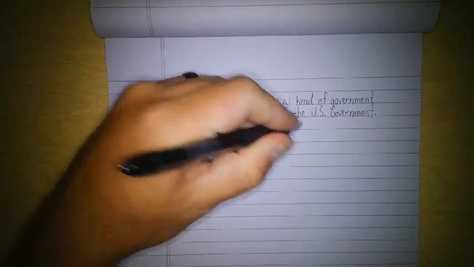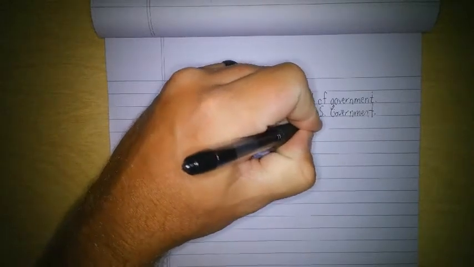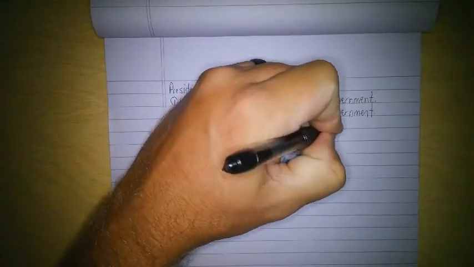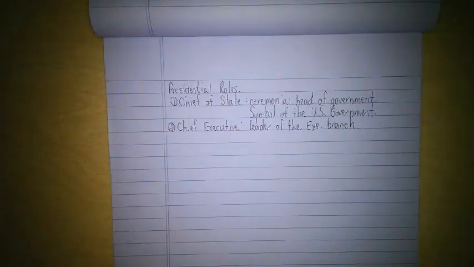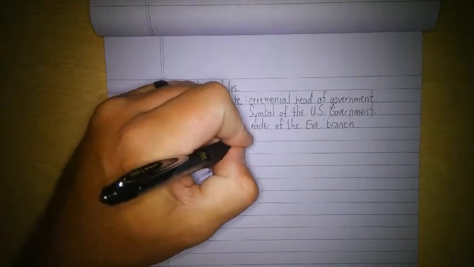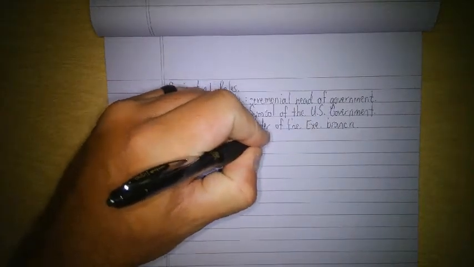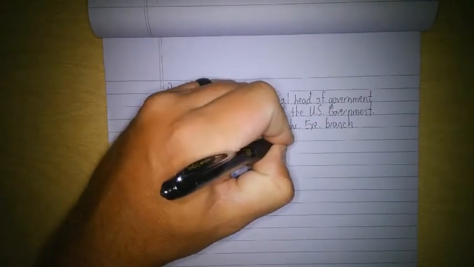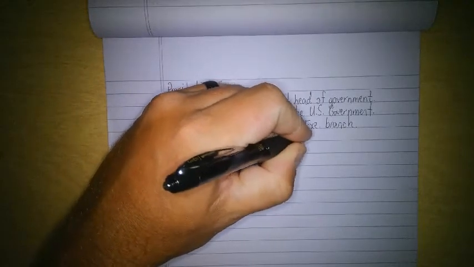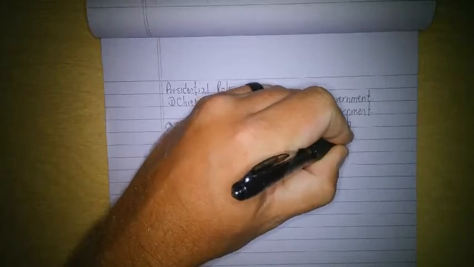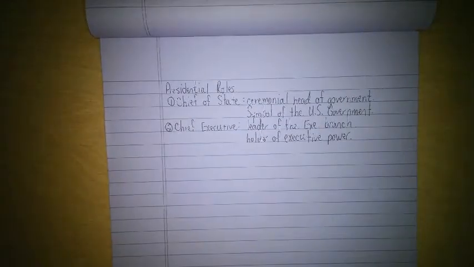It says that he is the holder of executive power under the Constitution. Now, what do you think executive power is? There's a couple things the president can do simply because he is the president.